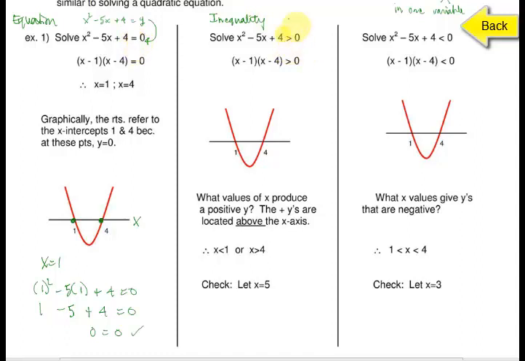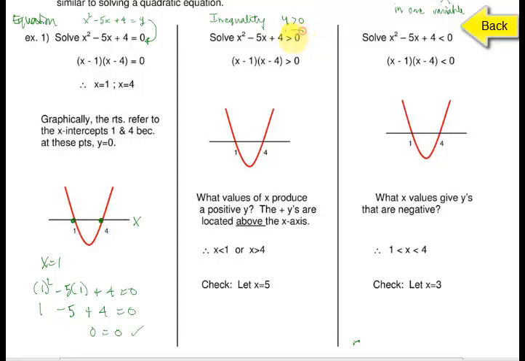Now in this particular one, we have that x squared minus 5x plus 4 is greater than 0, so we have the same quadratic. We're just going to make it greater than 0 instead of equal to 0. Now if you recall, the function form is x squared minus 5x plus 4 equals y, so this expression right here is equal to y. So what we're looking for is where y is greater than 0. Okay?